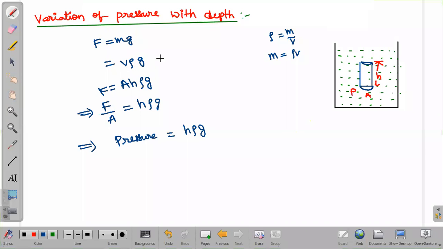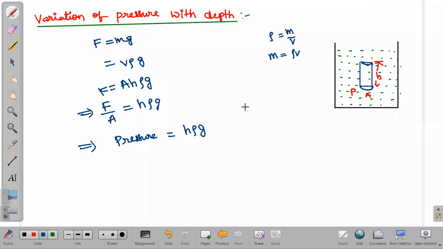Volume is not given, only area and height are given, so volume can be written as area into height into rho into g. Now from here, A I am sending to the other side, F by A will become h rho g. But F by A is nothing but our pressure. So pressure is equal to rho g h we got, right? h rho g or rho g h.